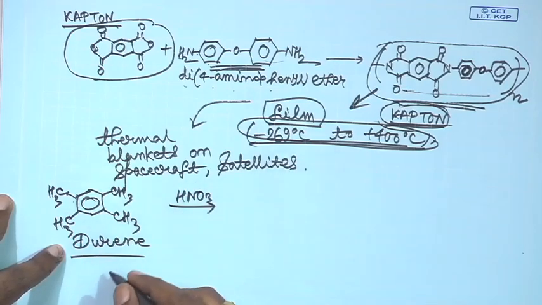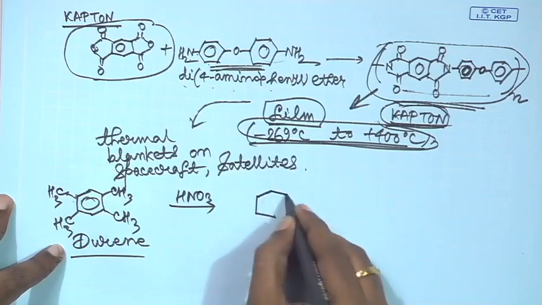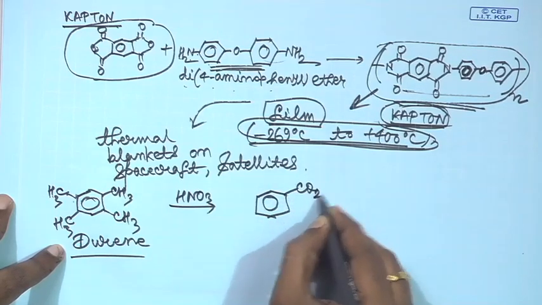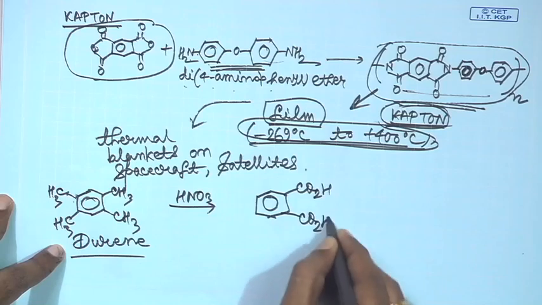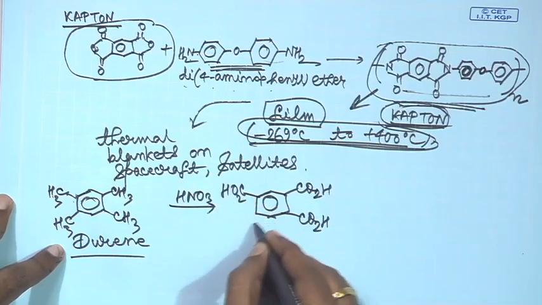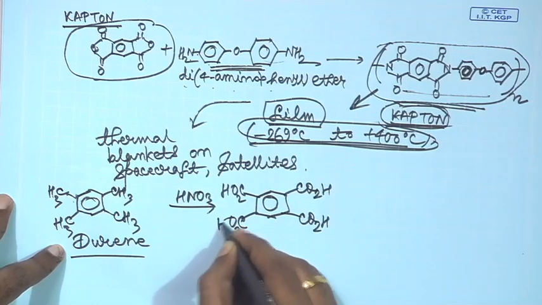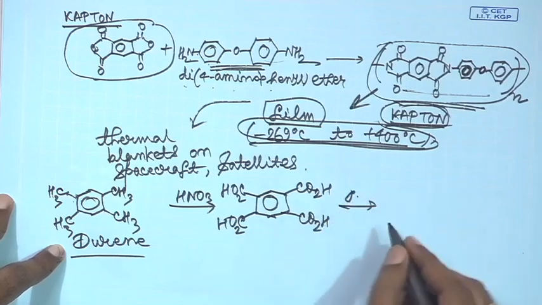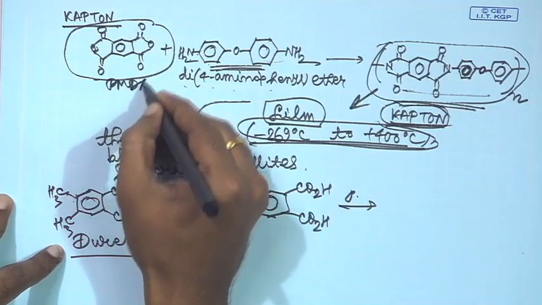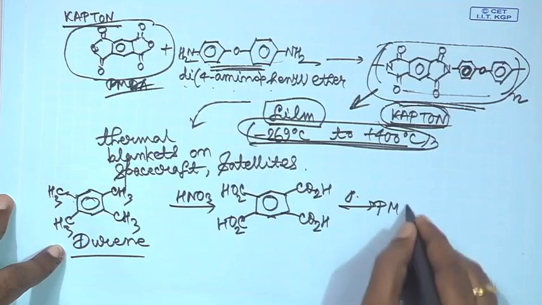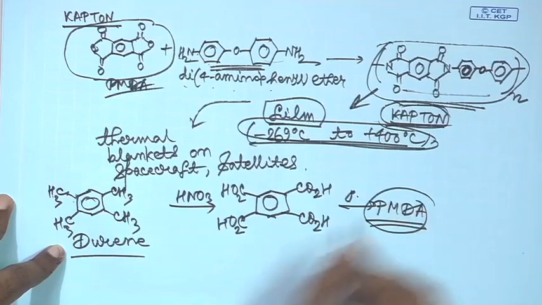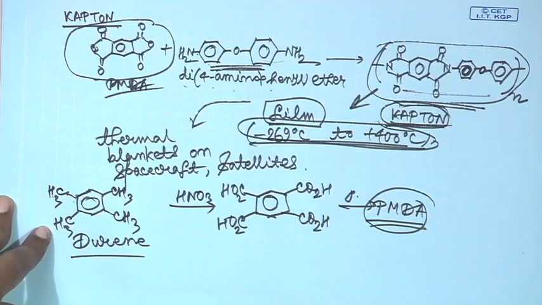So, a liquid phase oxidation reaction, and you get your pyromellitic acid, as simple as that. And this pyromellitic acid, if you heat it up, will cyclize and you get your pyromellitic dianhydride. Okay.